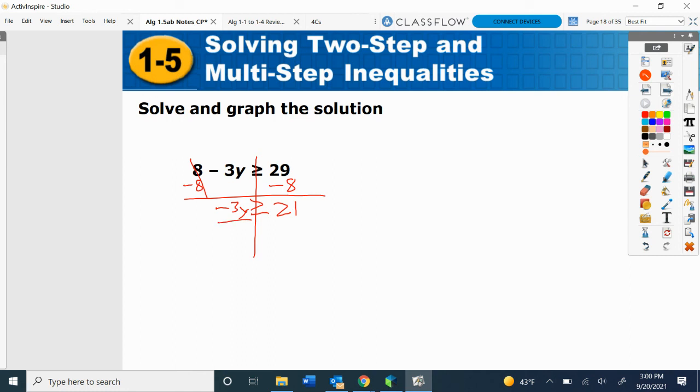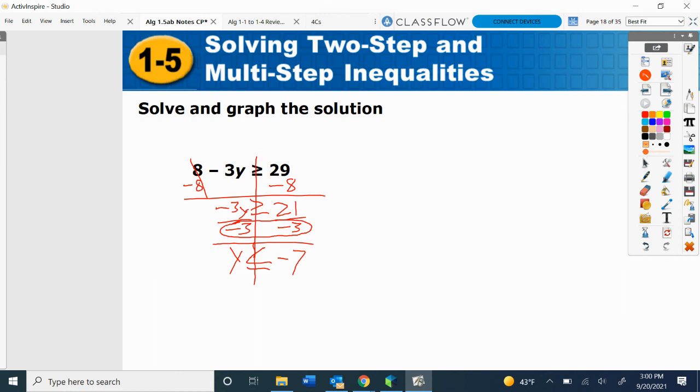Then we divide by negative 3. Because we're dividing both sides by a negative number, that causes our flipperoo to happen. So we have to turn that symbol around, point it the other way, and we get y and negative 7.